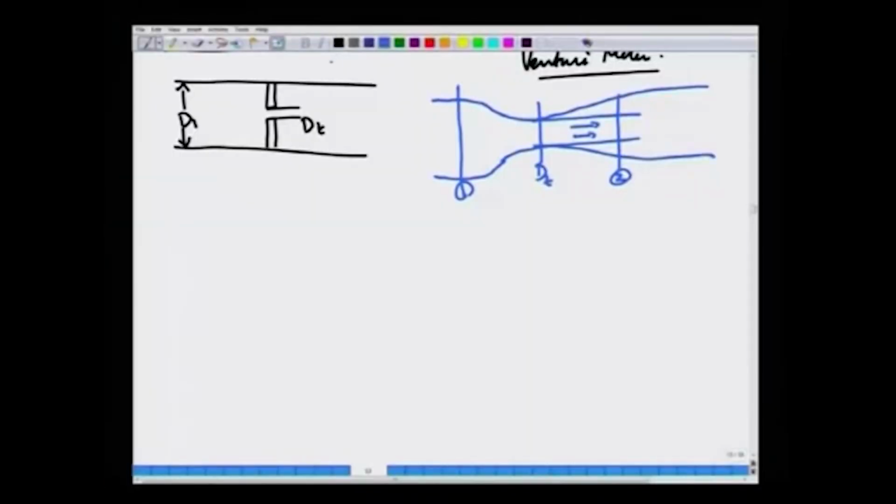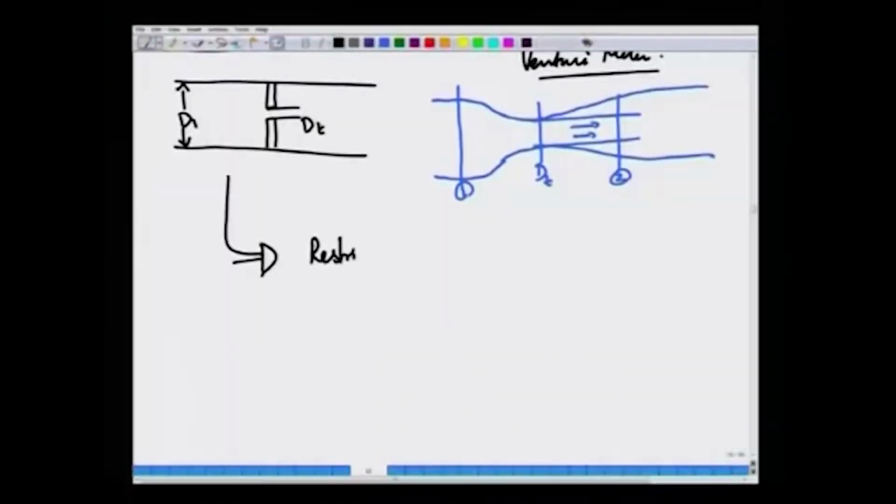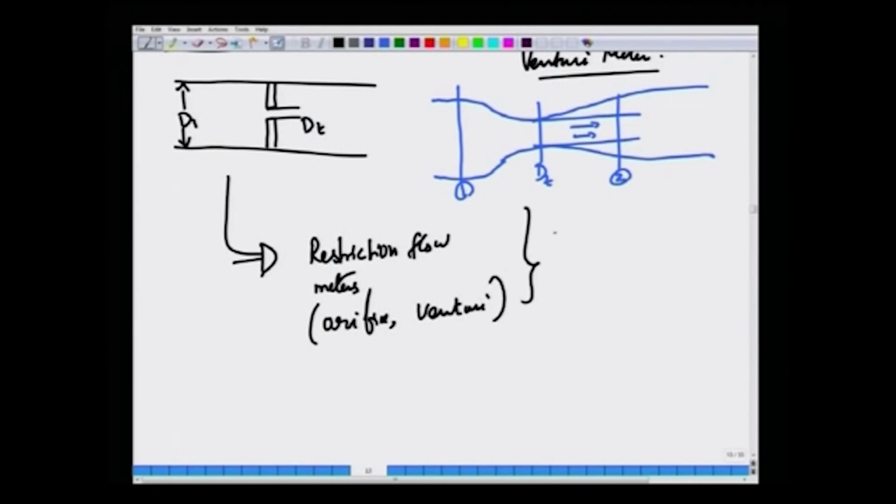Now, what is the major idea behind restriction flow meters? The restriction flow meters such as orifice and venturi meters, they measure average velocity.